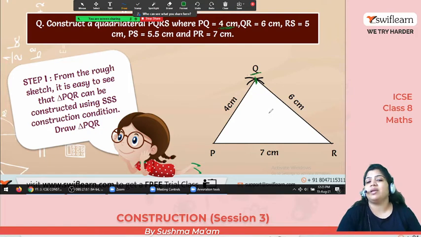What about the second one? Now as you can see, PS is 5.5. Now with P as center, you cut an arc on this side, the downside. Similarly, PR is 7 centimeter. When you join this, I'll show you, just give me a second.